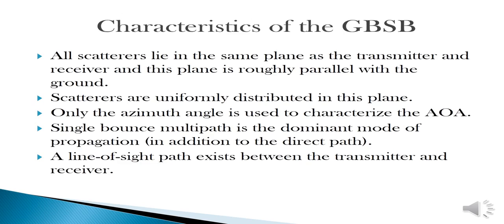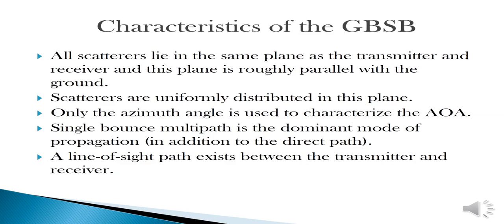Then, characteristics of the GBSB. From the GBSB, the assumptions made are that all scatterers lie in the same plane as the transmitter and the receiver, and this plane is roughly parallel with the ground. Secondly, scatterers are uniformly distributed in this plane. Thirdly, only the azimuth angle is used to characterize the AOA.